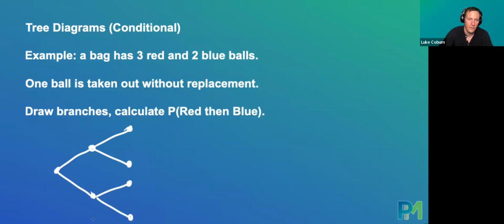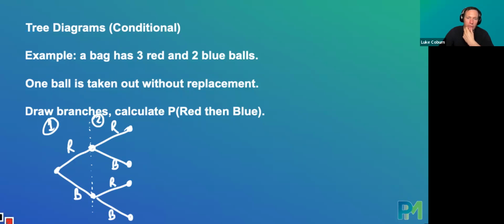This is event number 1, and this is event number 2, okay? So we can either get a red or a blue, and then we can get a red or a blue, or we can get a red or a blue, okay?